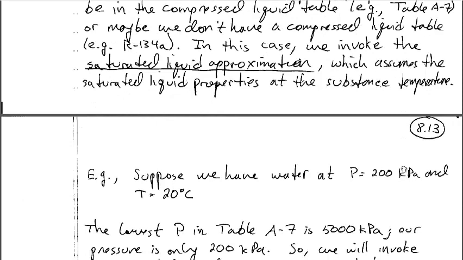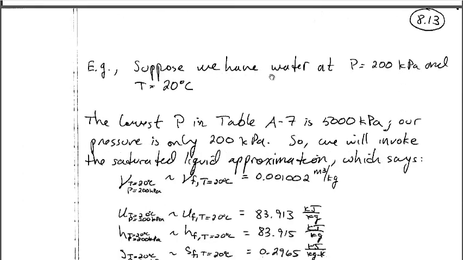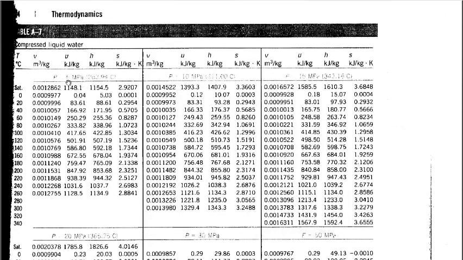Well, let me explain. Suppose that we have water at 200 kPa and a temperature of 20 degrees C. I can show you this in class, but I know that water at that temperature and pressure is a liquid. And if we go to table A7, what we find is that the lowest pressure subtable in table A7 is 5,000 kPa.